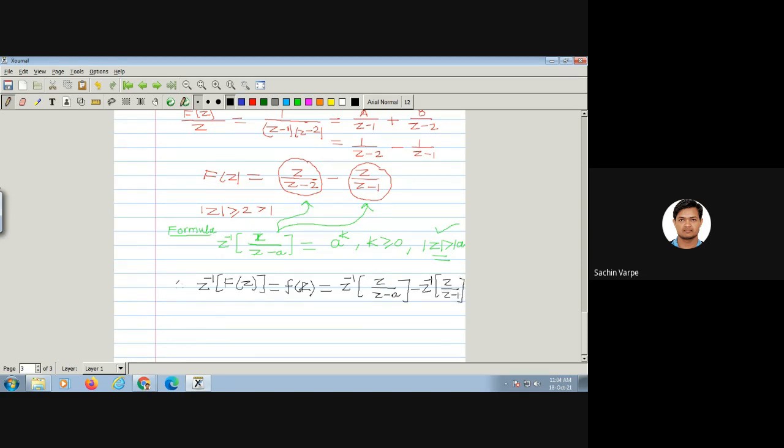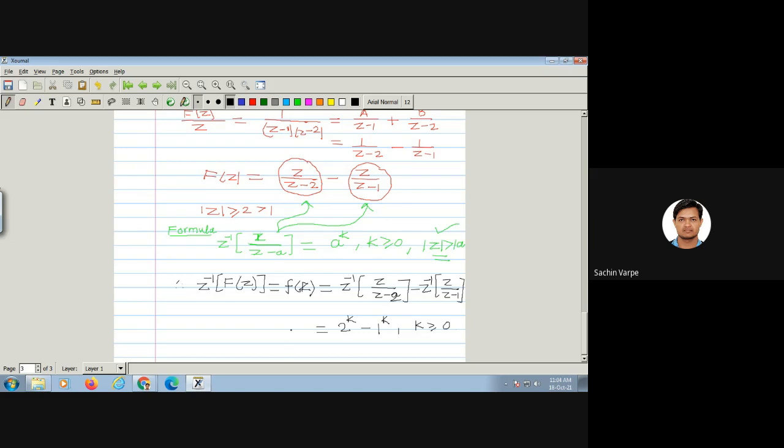This must be 2 here. So that is equal to what? 2 raised to k minus 1 raised to k. 1 raised to k is 1 only. So for k greater than or equal to 0, that is the required answer.